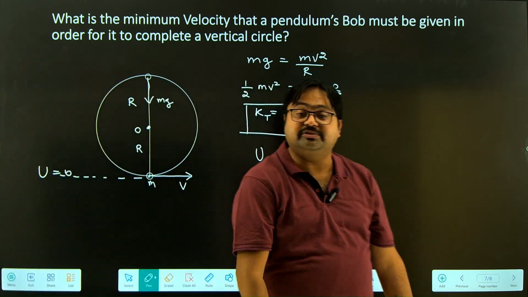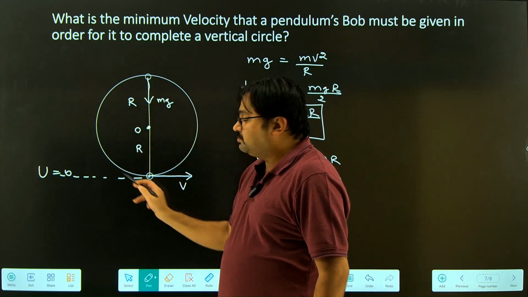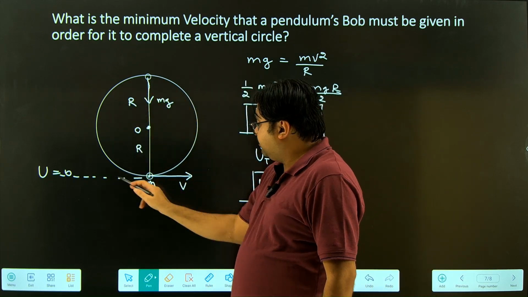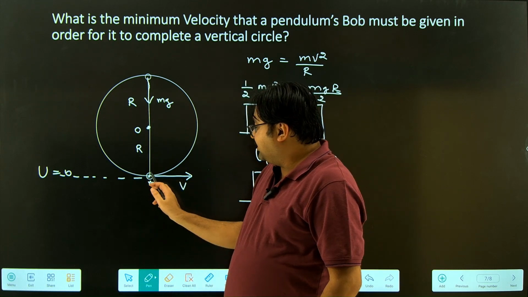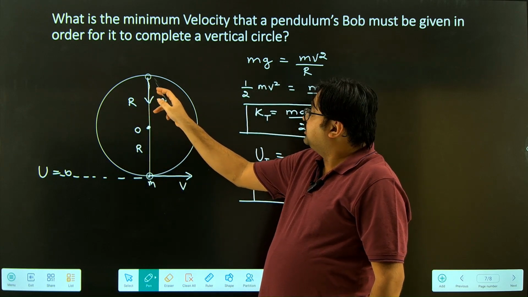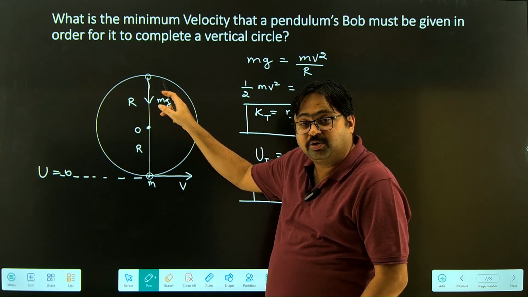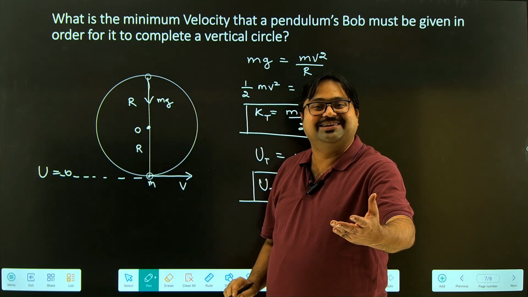From the conservation of energy, you can say that when the bob comes down, because it comes down back to this place, the potential energy is still 0. The potential energy at this place is 0. Then where did the potential energy which it had at the topmost point go? All of that became kinetic energy.